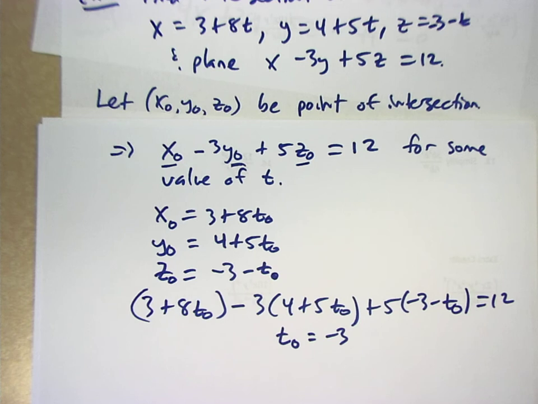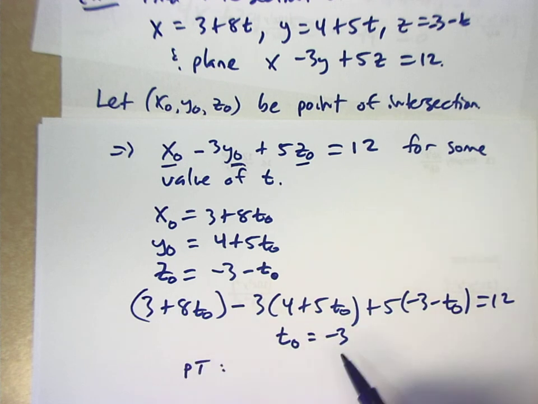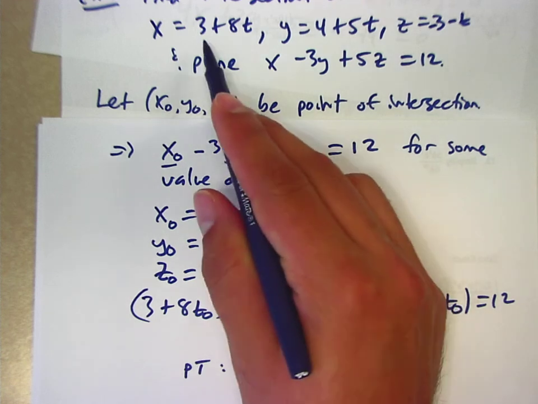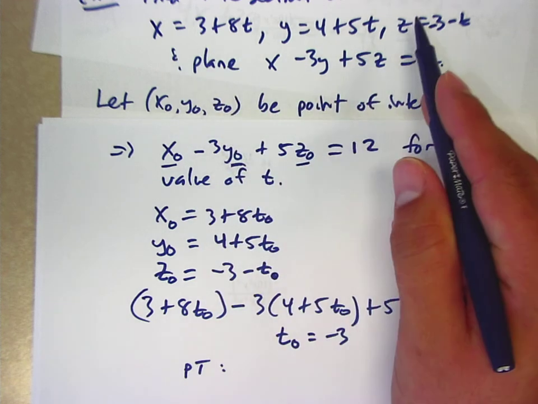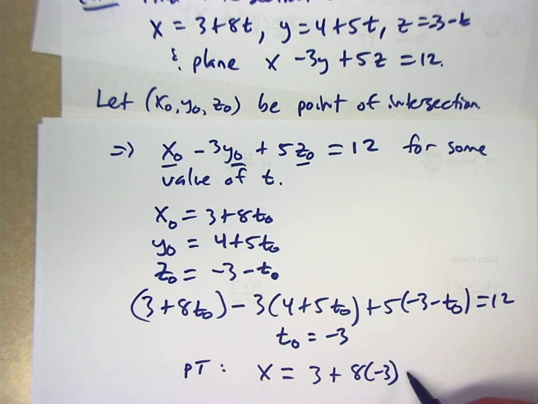Okay, so now what is the point of intersection? Well, we know what the point is going to be based off of the coordinates of the line, right? So that's going to be the easiest thing to do. You're just going to plug negative 3 into there. So the point is going to be 3 plus 8 times negative 3, and then 4 plus 5 times negative 3, and negative 3 minus negative 3.